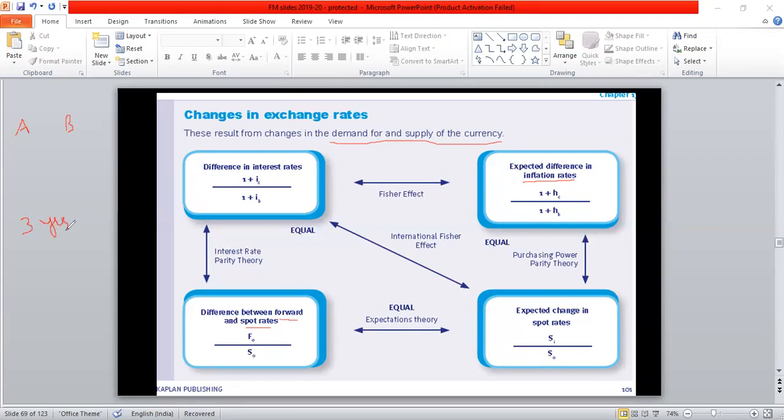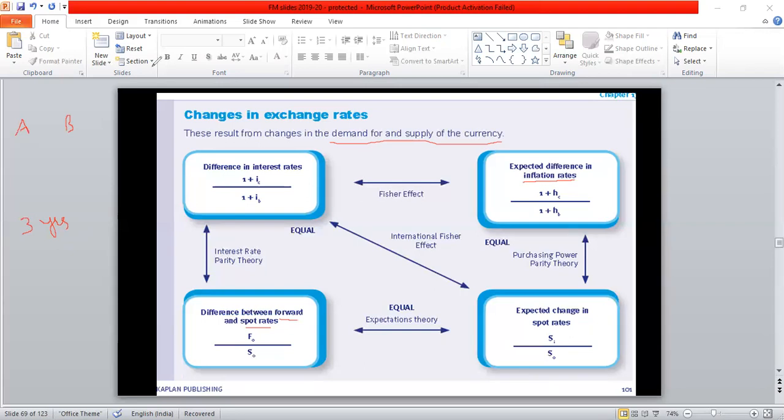Maybe some goods are delivered or some shares are delivered. So there is a buying and selling of something after 3 months. What is the rate at which they would be fulfilling? That is a forward rate. They are looking at the rate at which they will fulfill after 3 months, as on that day.